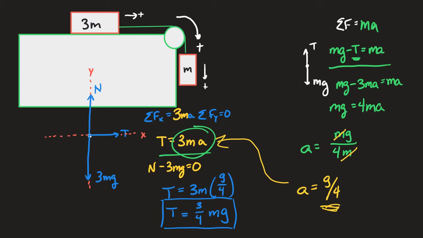For one, it tells me that the tension is less. It was mg before, and now it's 3/4 of mg, so it's clearly less. But also, it collects m and g together. I can look at those units, see if they have the units of force. They do, kilograms, meters per second squared. Tension is a force, so the units work out.